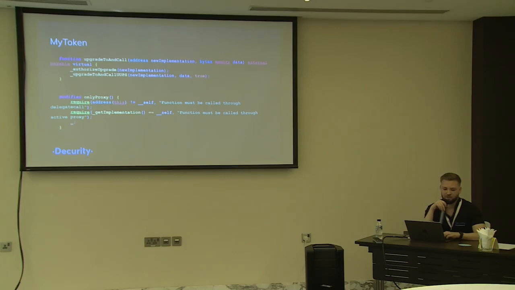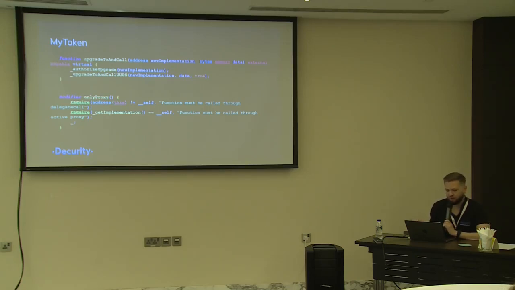It means that the proxy will lose its ability to upgrade itself in the future. Because as I said, in UUPS proxies, the implementation is responsible for upgrading, not the proxy contract. So if we just kill the current implementation, the proxy is just bricked.